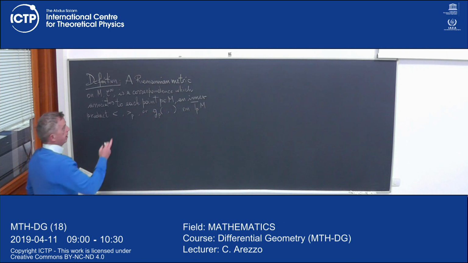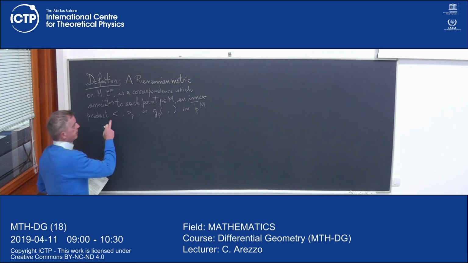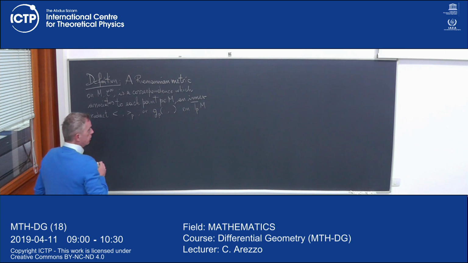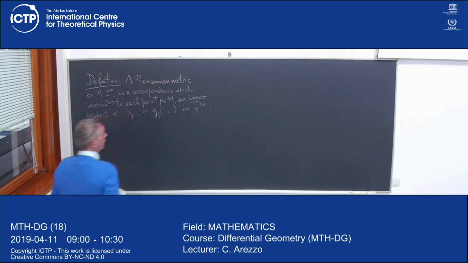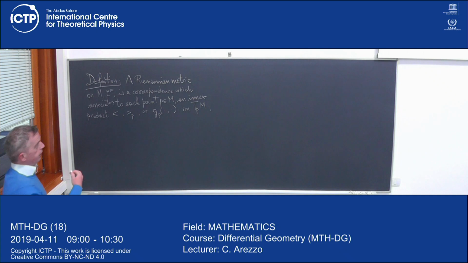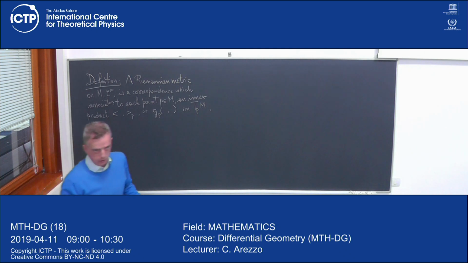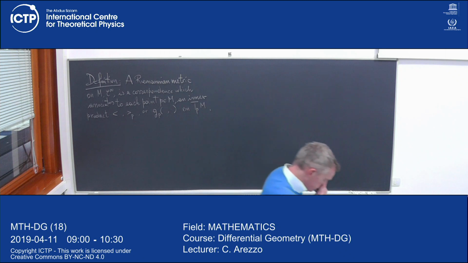But what is a bit delicate to phrase precisely is that I want some kind of smoothness of these objects. I want this to depend smoothly on the point P. So how can I say it? An inner product is just a symmetric, positive definite quadratic form.